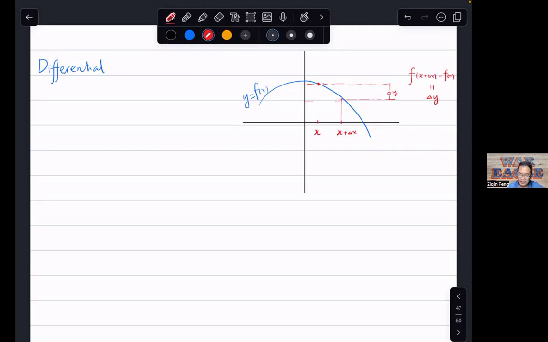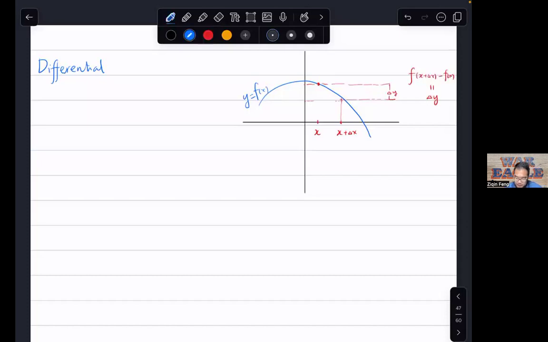That function value might be very hard to evaluate. Sometimes the evaluation is not easy, so we want to do an approximation.